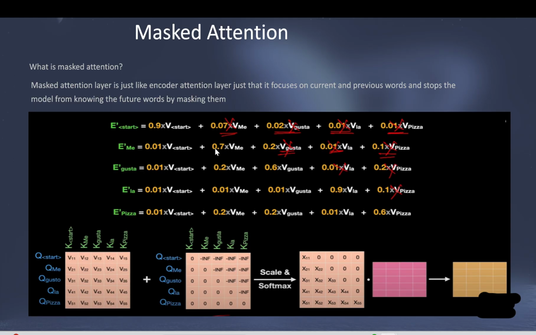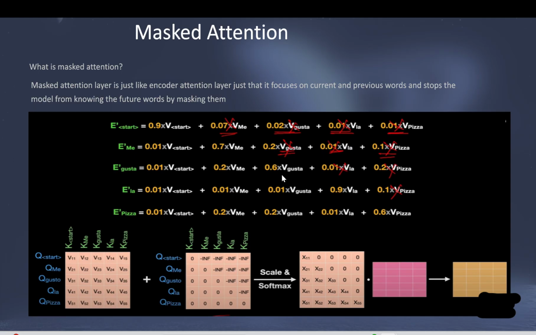It is relevant on me. And Gusta is dependent on Gusta and very little on me and very little on start. So basically, the model up till now has been trained that Gusta cannot be the first word. After start, mostly Gusta won't be the first word, and Gusta is somewhat related to me. So me can come first, later, or in the sentence there will be me if there is Gusta. That much it has understood up till now.